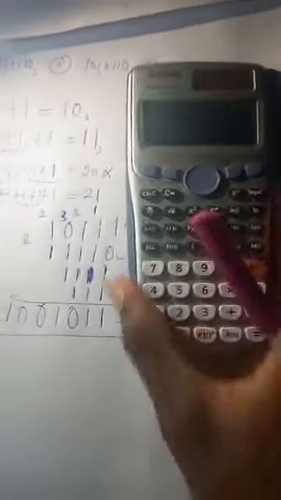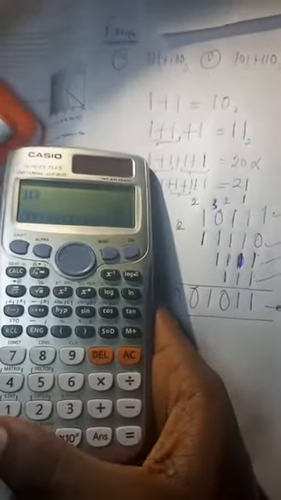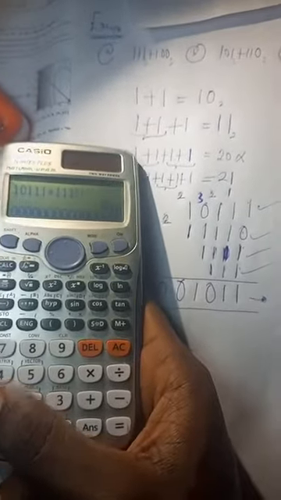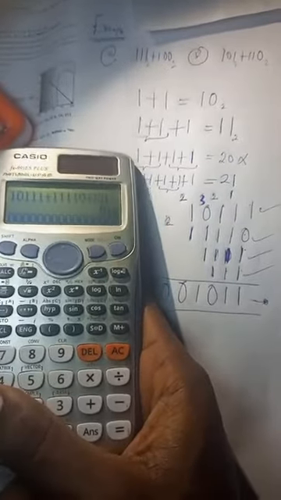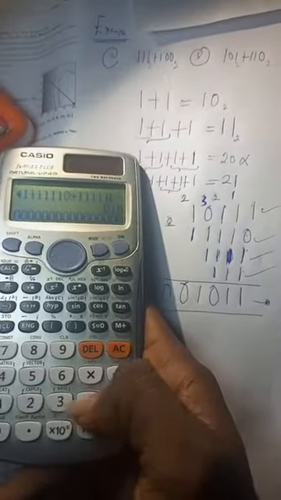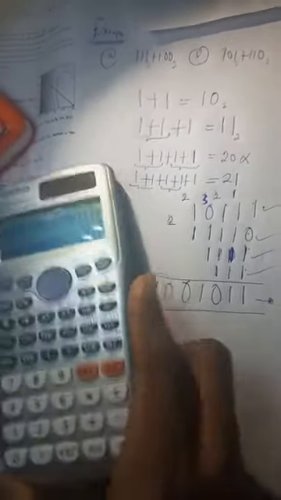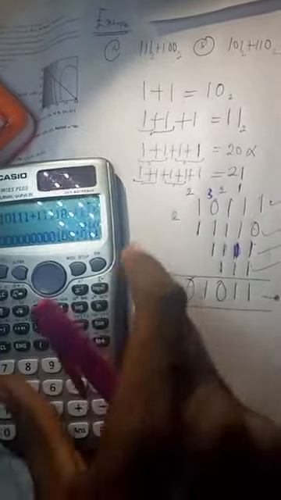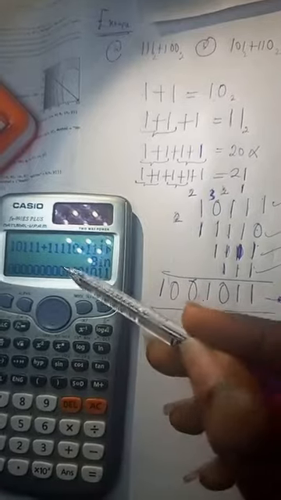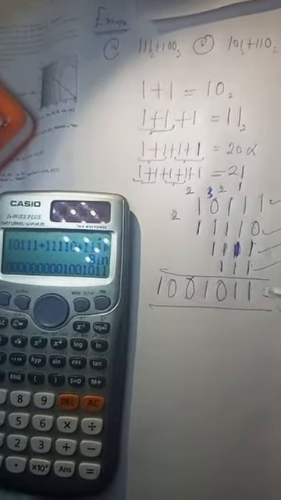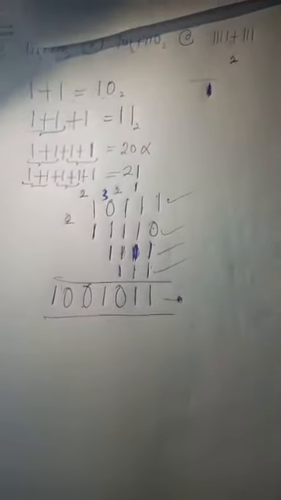I need to press 10111 plus 11110 plus 11 in 4 places and 1 in 3 places. Can you see what we have? You see, I'm correct. You see that? I have 100 correct, 1011. So if you don't understand this concept very well, you will not end up getting the correct answer.